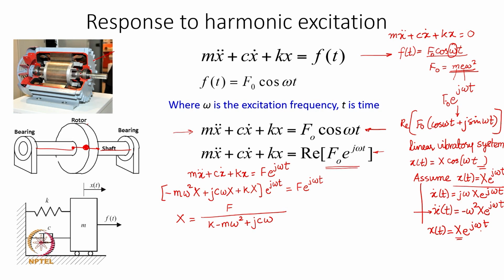So, we are going to now slightly modify this expression for better use, and in the process we can get a non-dimensional, dimensionless expression of the response. Okay. What do we do? We multiply and divide this by its complex conjugate.